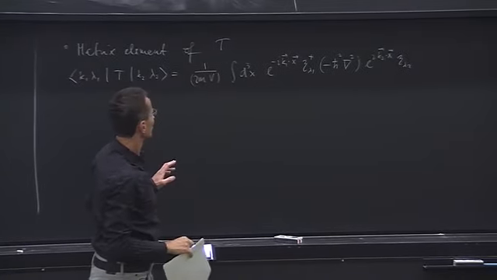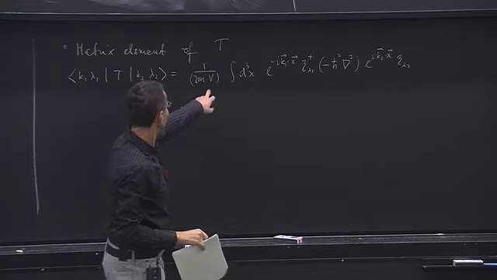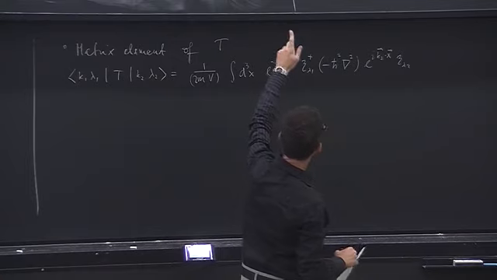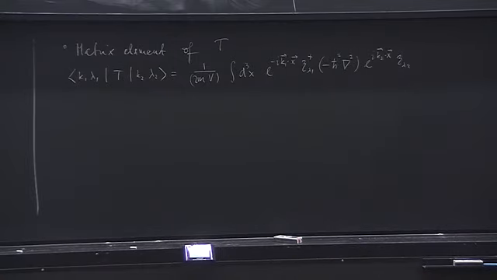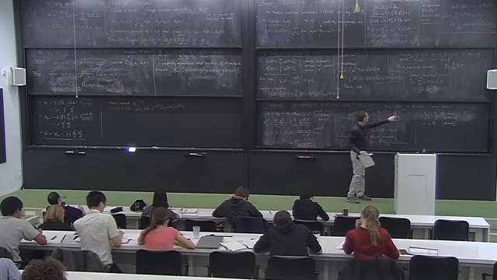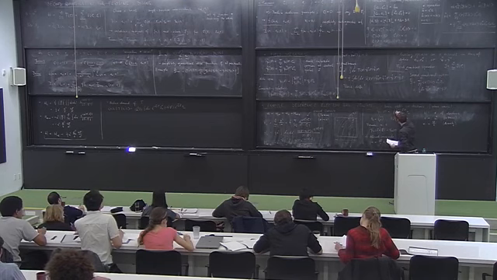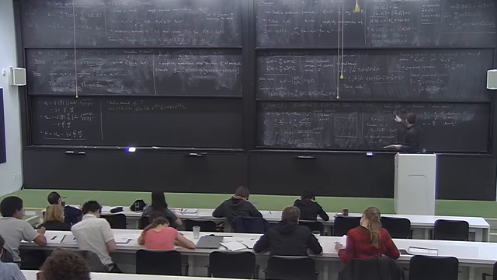Okay, so what happened here, this V is just a normalization factor on our wave function here. Sorry, I apologize. This should be V.